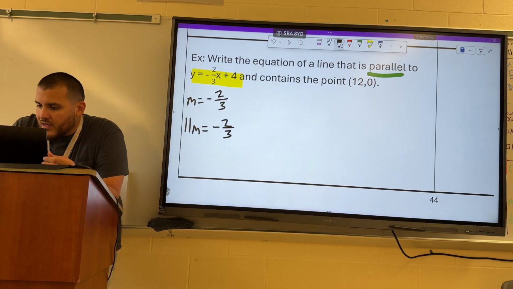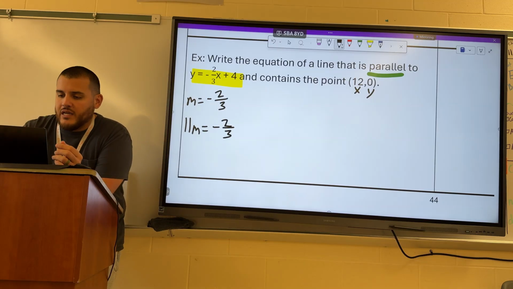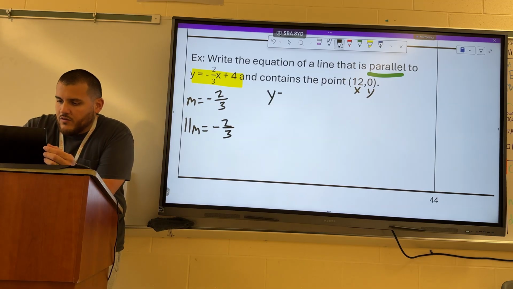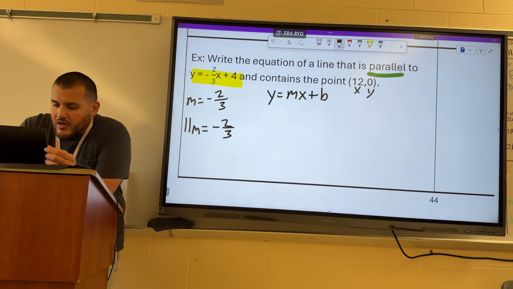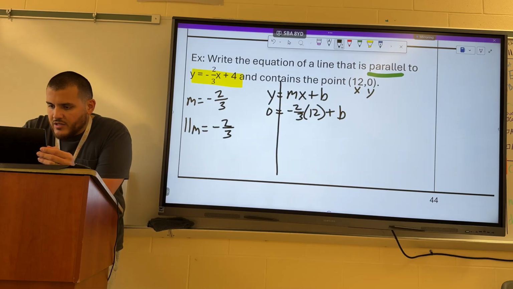Again, we have a point on our line that's an x-coordinate and a y-coordinate. We're going to use those and this slope to find our y-intercept from the slope-intercept equation, y equals mx plus b. So we're subbing our 0 for our y, our -2/3 for our m, and our 12 for our x. And then we're doing algebra to solve.